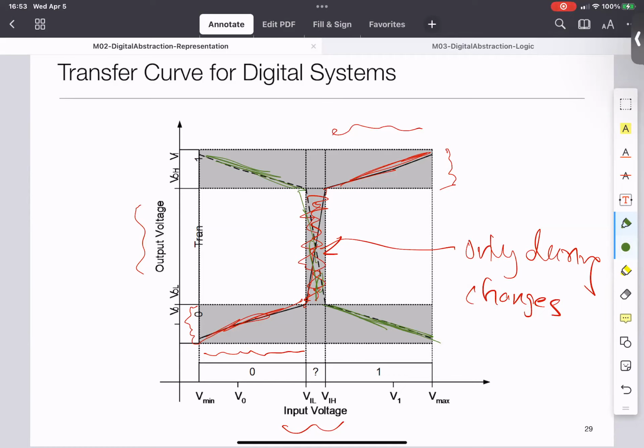So, any gate, you can think in terms of these. It would have one or more input axes, depending upon how many inputs it has, and one or more output axes, and you can define how it operates. But an important point is that this gray zone in the middle, you're going to just pass through rapidly.